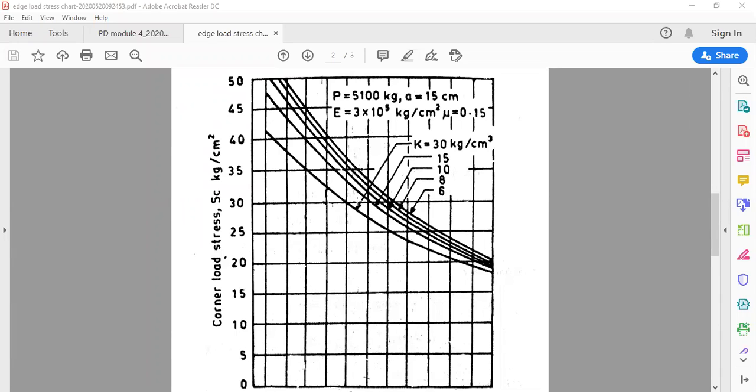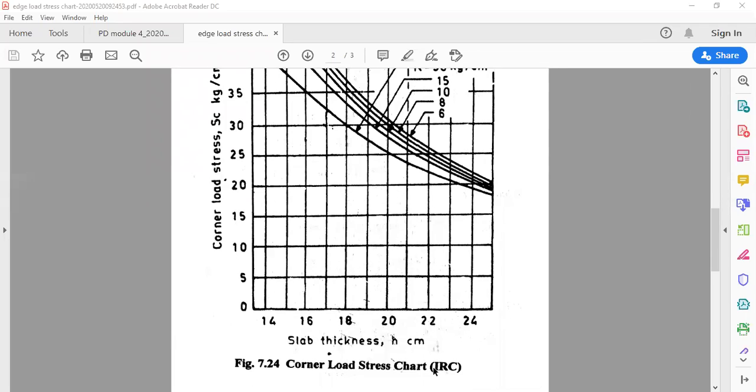In between, if some K value other than these is given, then you can interpolate the values, but it will be with respect to these 5 curves which are given in the design chart. So thickness will vary, and based on varying thickness I get different corner stresses.